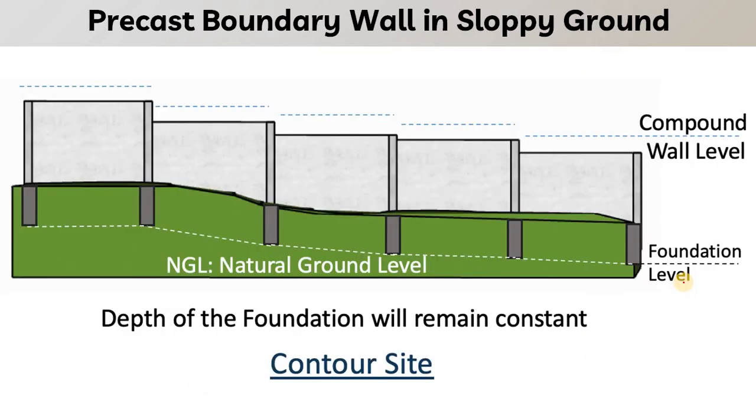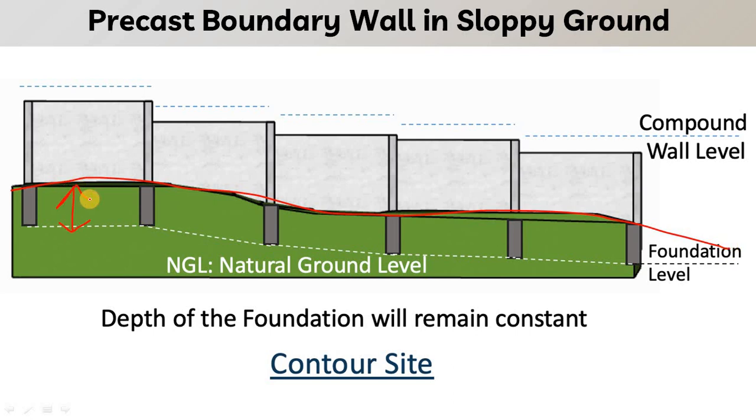Now let us understand how the precast boundary wall works in case of a sloping area. Let us say we have a sloping area. Here you can see the ground profile is not level, it is changing at each level. In that case we have to maintain the depth of the foundation, so the depth of the foundation remains the same.